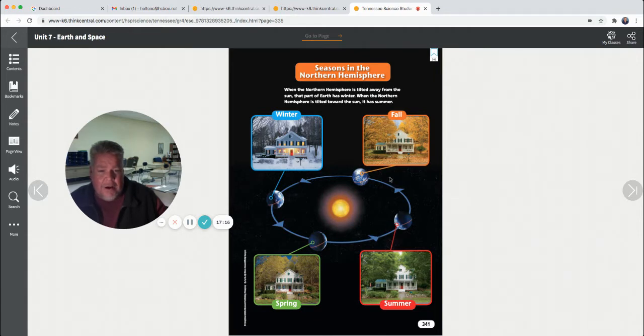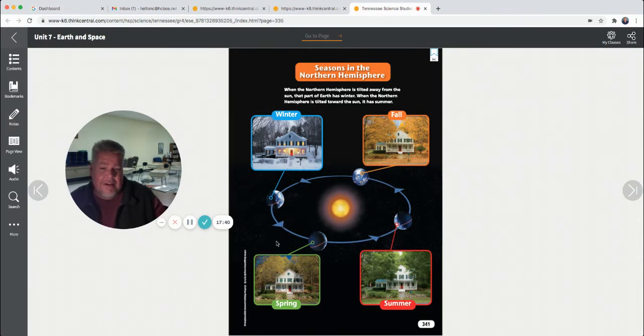Okay, as it moves on, it starts tilting away from the sun a little bit, and the temperatures start getting cooler, and we have fall. And then when it's on the opposite side of its revolution around the sun, it's tilted away. The top part's tilted away from the sun, like it was on December 21st. It would have been right here, and it starts winter.